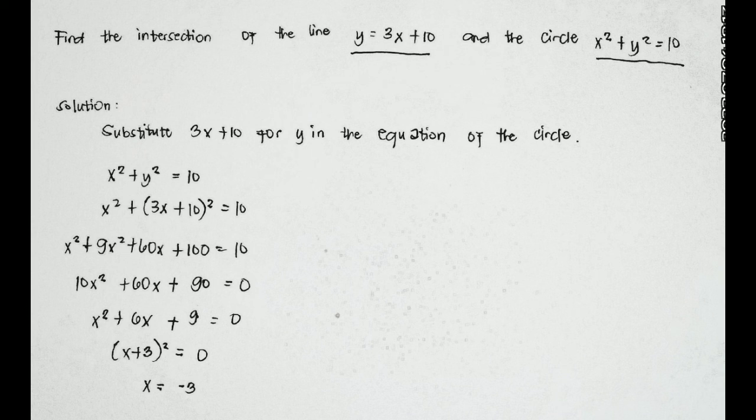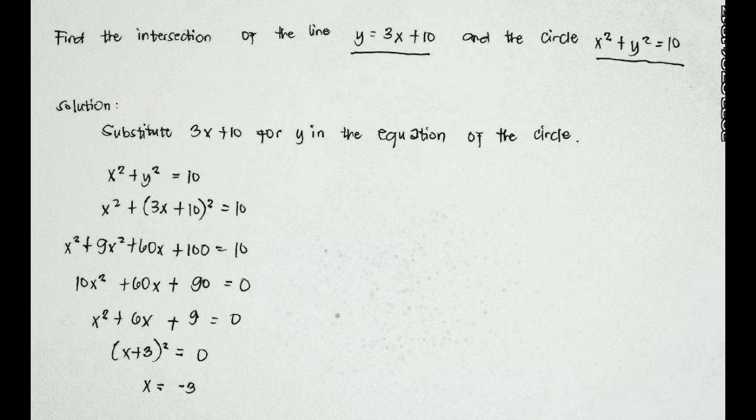So first we are going to substitute into x squared plus y squared is equal to 10, and the value of our y is 3x plus 10, so we copy the x squared plus (3x plus 10) squared, then it is equal to 10.